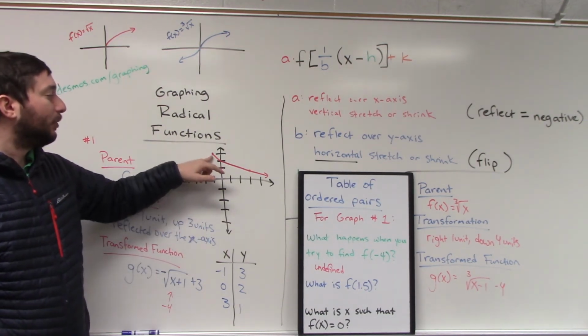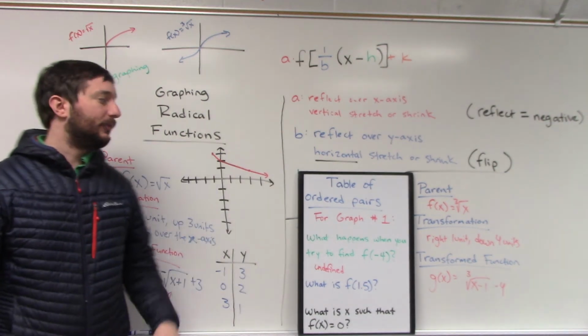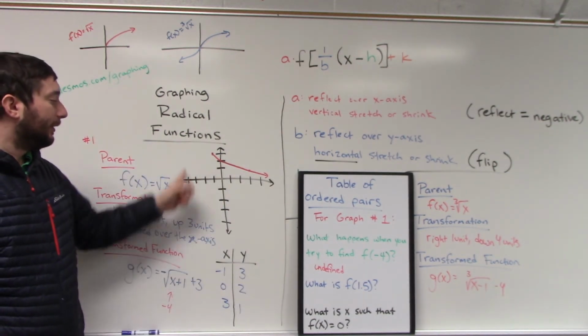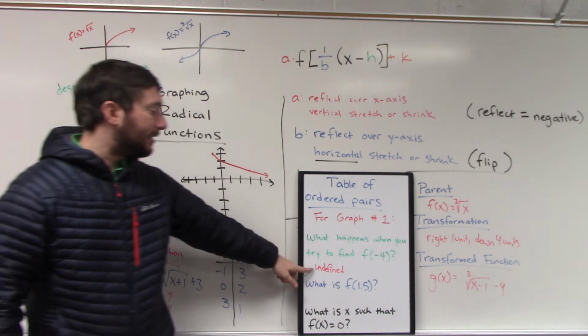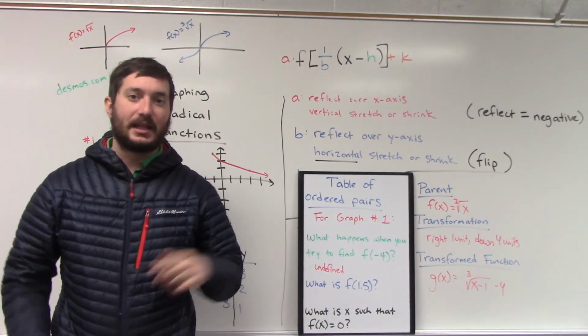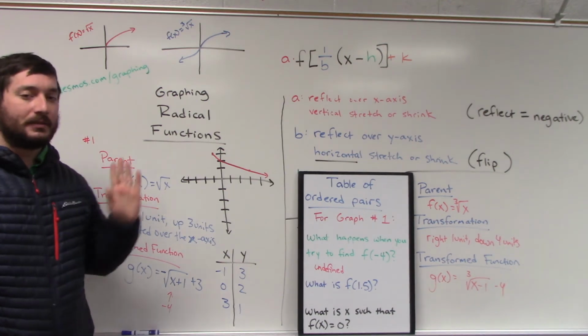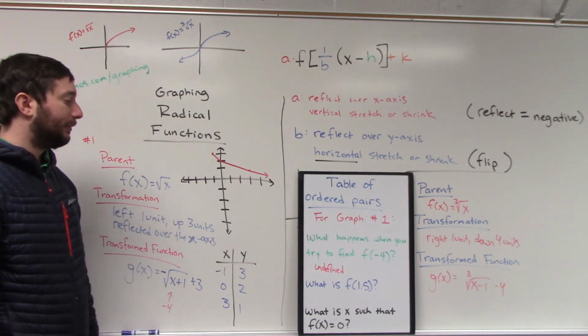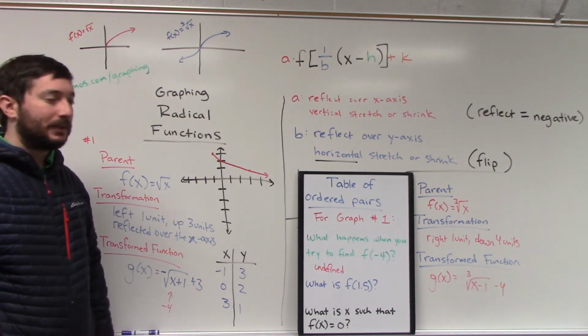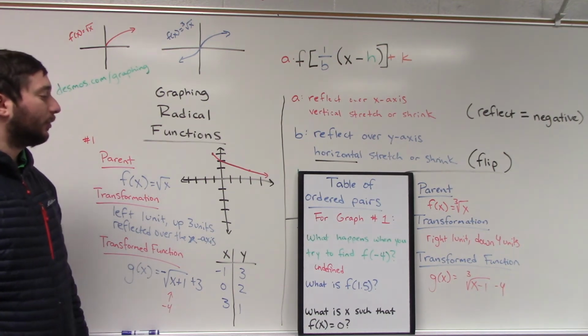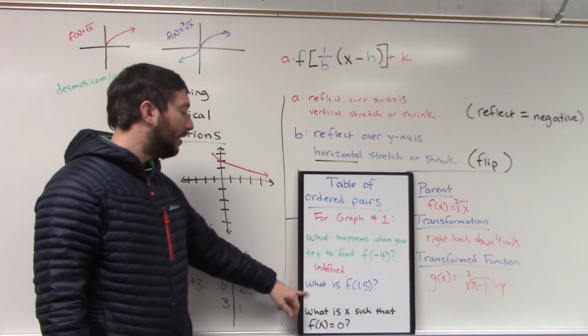In fact, the jumping point heads that way, towards the right, not over towards the left. That's why this is undefined. That's why there's no graph. It's an imaginary number, not a real number. That's one thing to remember as you're going through looking for coordinate points for this table.